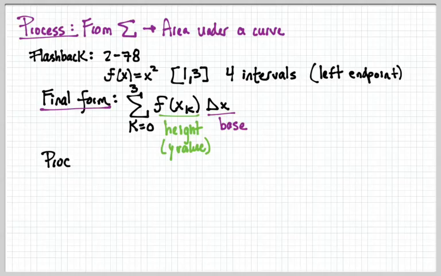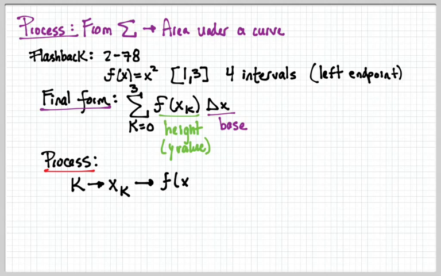The process will be, we need to go from k to x sub k to f of x sub k. And that will allow us to find our height, or our y value. Okay.